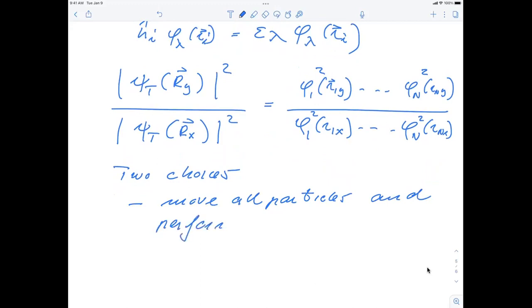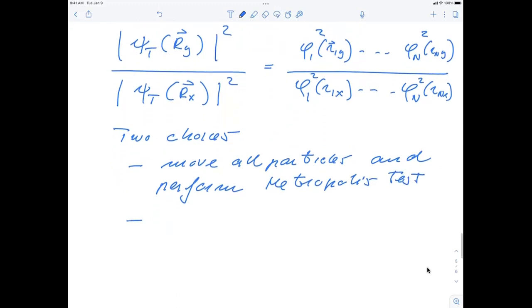So we suggest a move where all the particles are moved, and then we perform a Metropolis test. Or we could actually just move one particle at a time, and each time we move it, we could perform the Metropolis test. The way we perform the Metropolis test is something which we can decide upon. So, move one particle at a time.